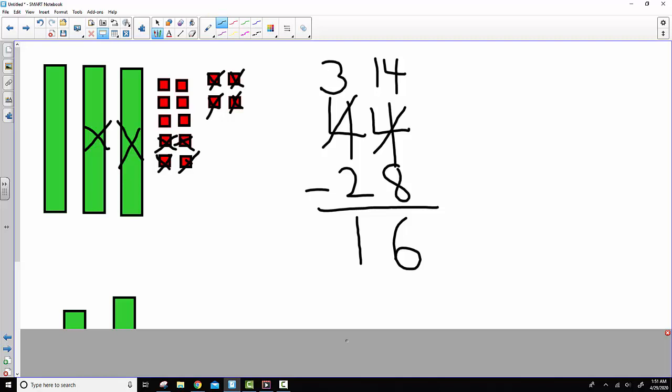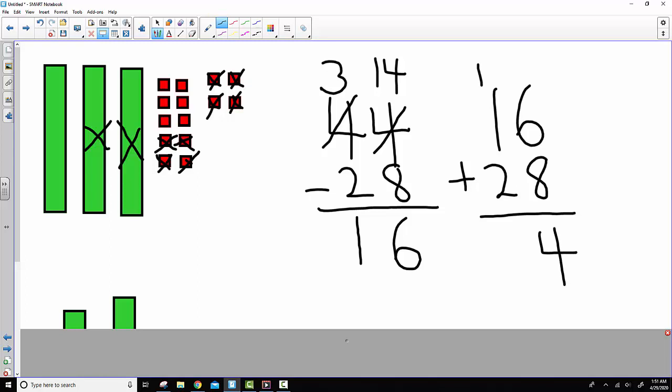Again, we check subtraction with addition. So taking the difference of 16, adding the subtrahend, which is 28, we should again find the minuend. 6 plus 8 would be 14.